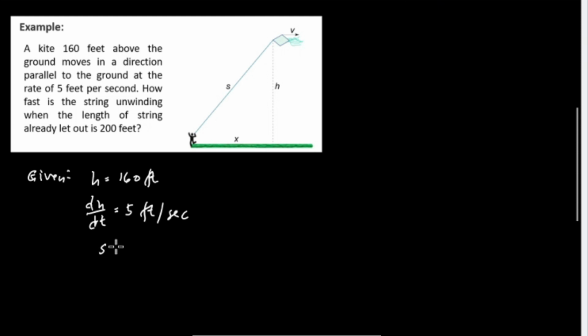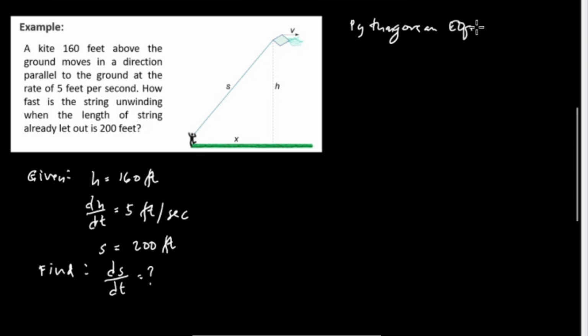And when the length of the string is 200 feet, we will find the rate of the string, ds over dt. We need to use the Pythagorean equation, which is h squared plus x squared is equal to s squared.